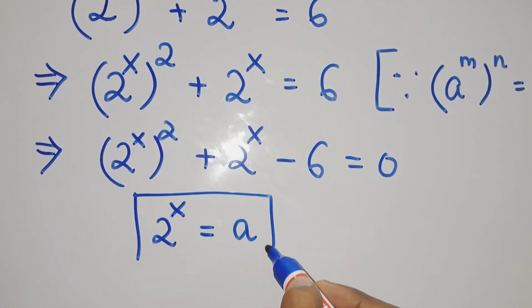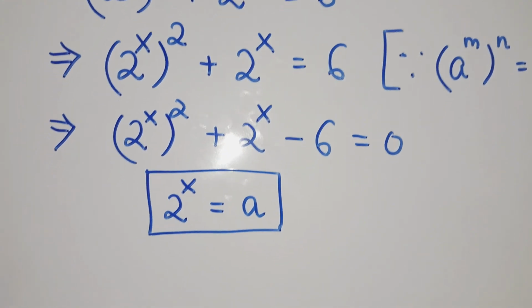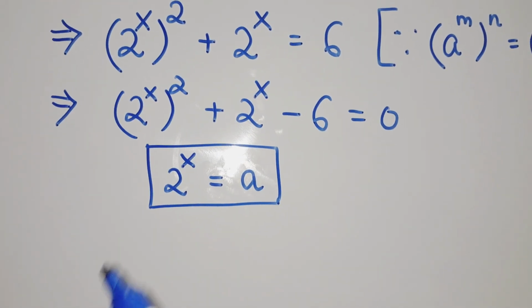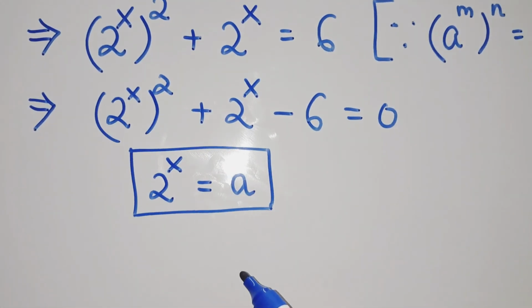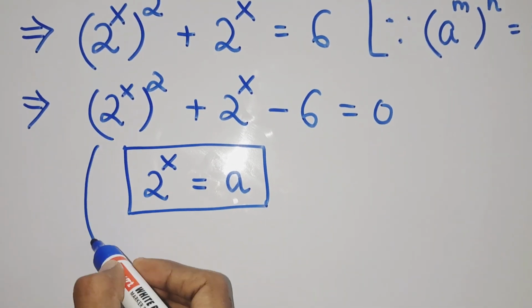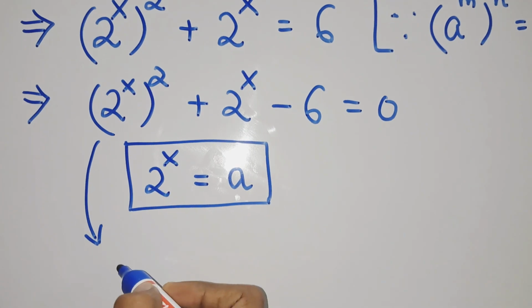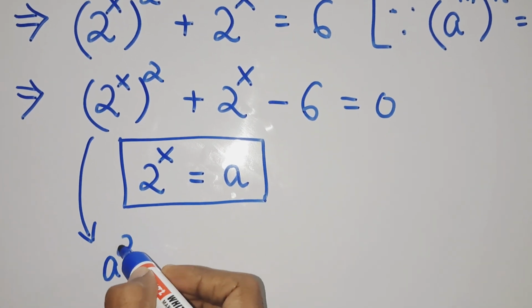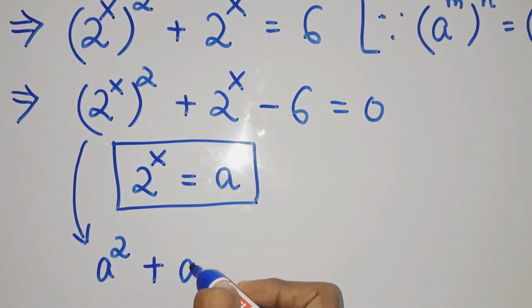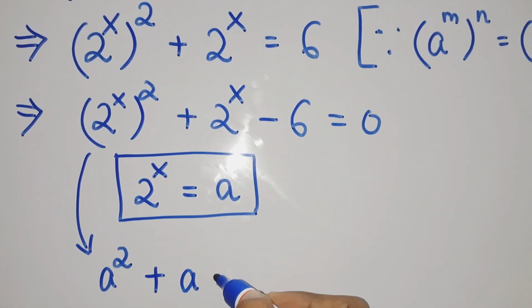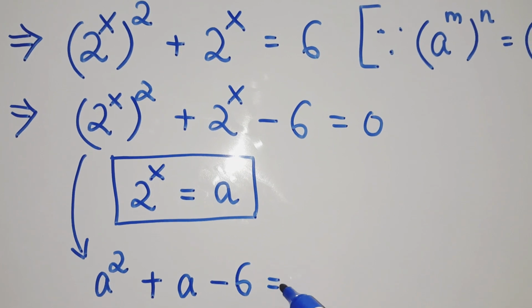This we have substituted. So if 2 raised to power x equals a, we will get a raised to power 2 plus a minus 6 equals to 0.